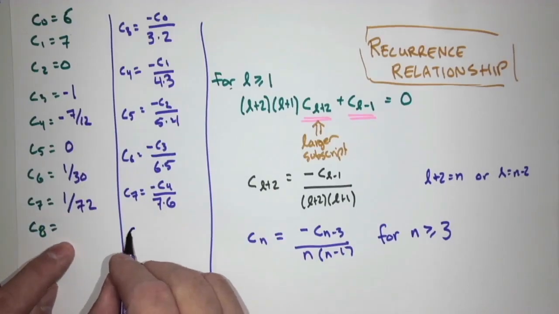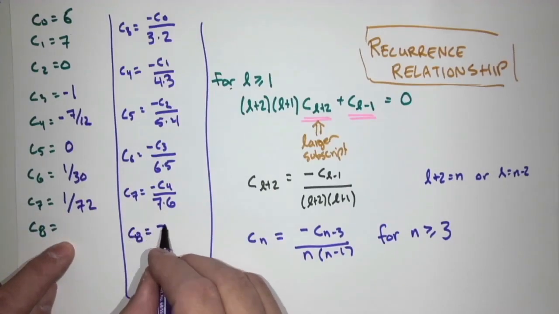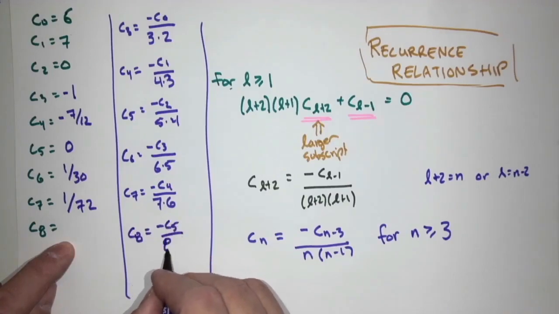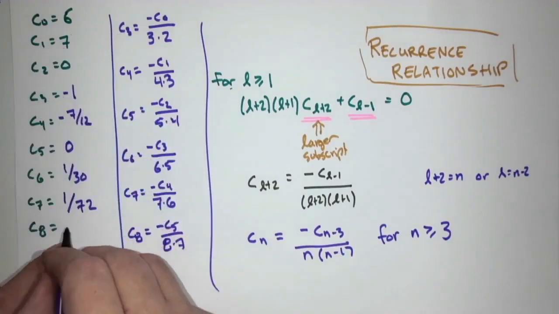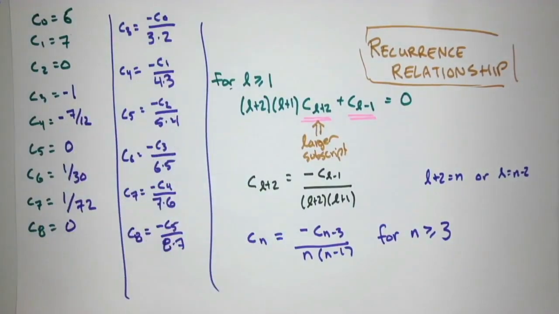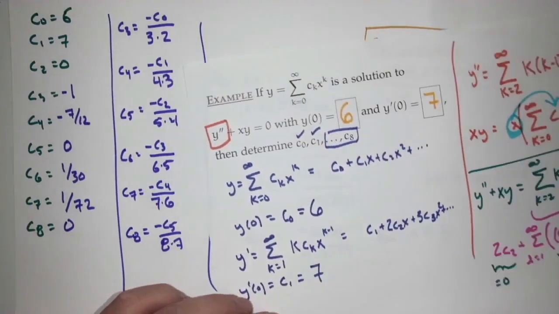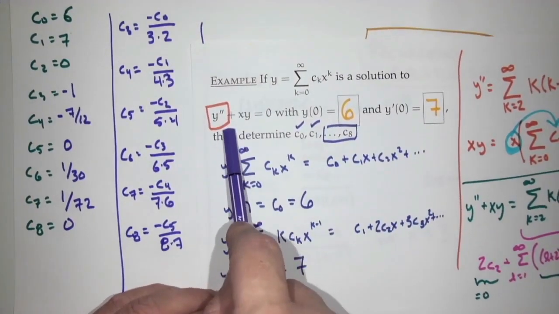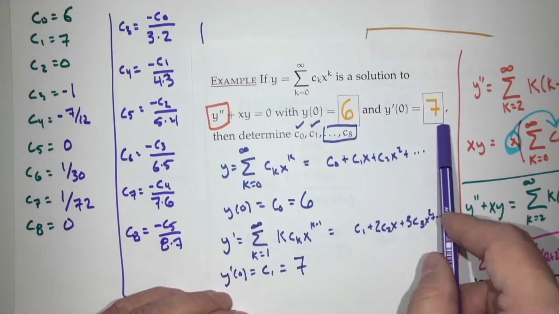C8, probably you can tell me that before I can finish writing it down. 0, because you go 3 back. In fact, once you see 0, you're always going to get 0 every 3 terms. And so we now have a really good approximation for the solution to y double prime plus x y equals 0, y of 0 equals 6, y prime of 0 equals 7.